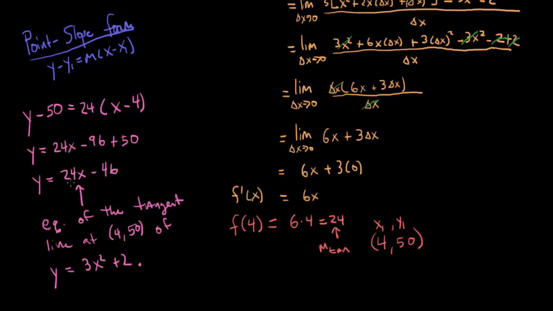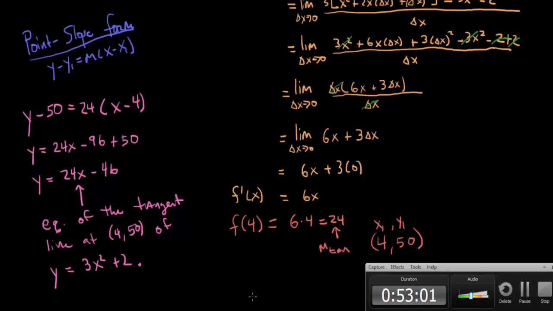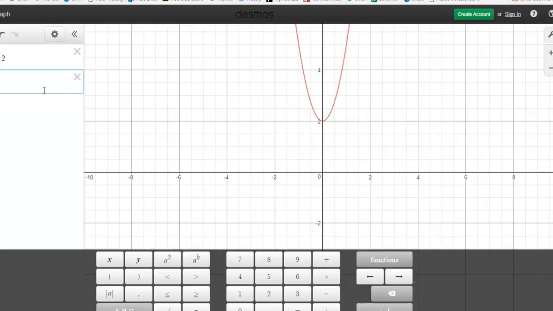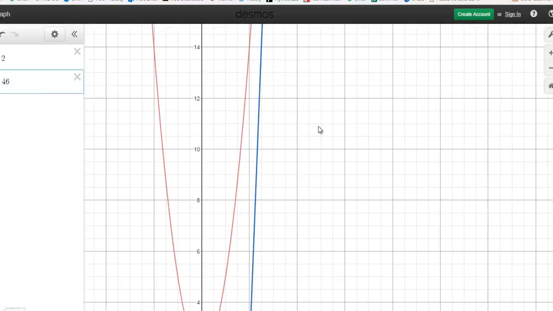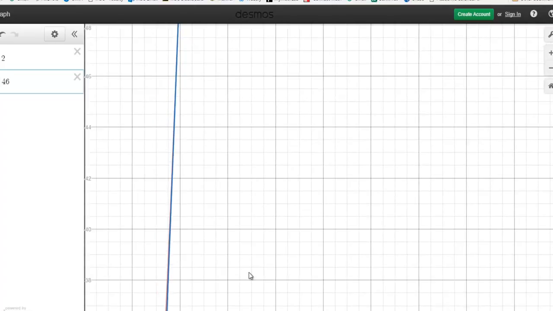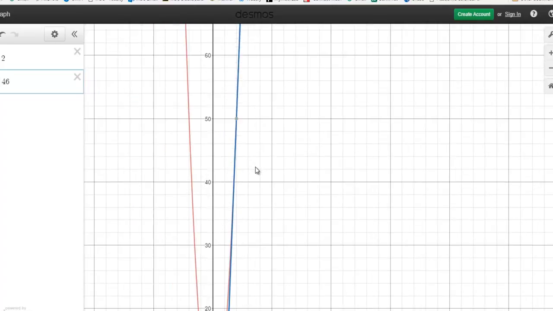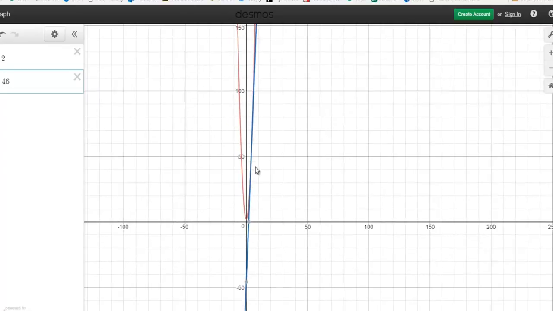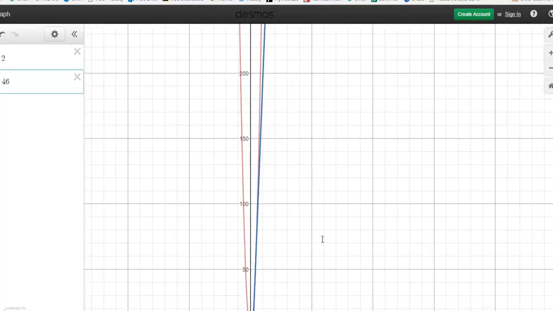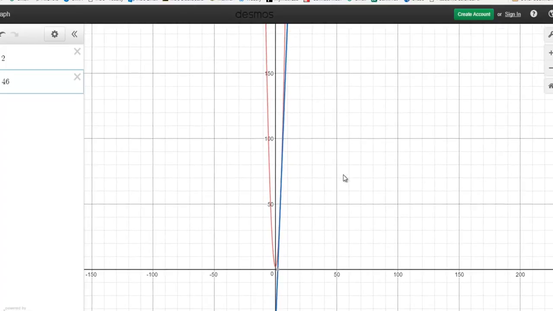It was y equals 24x minus 46. Now let's see if that looks tangent. Yeah, I think so. That's the same one, the answer I just got. Now I picked a bad example because that's so hard to see graphically. But I think that works out.